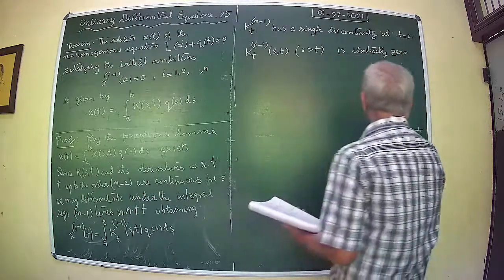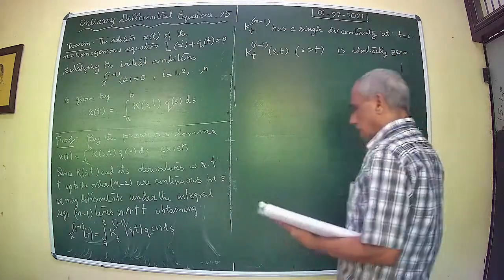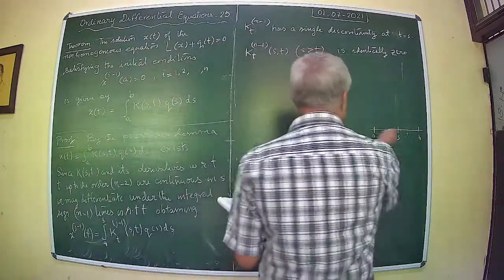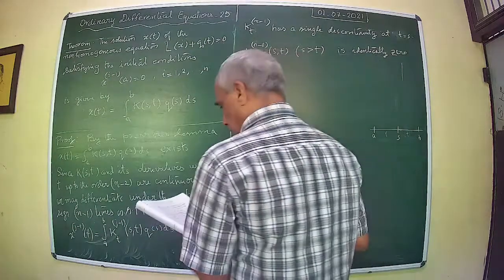That means on this portion the function as well as all its derivatives up to the order n minus 1 vanish identically.